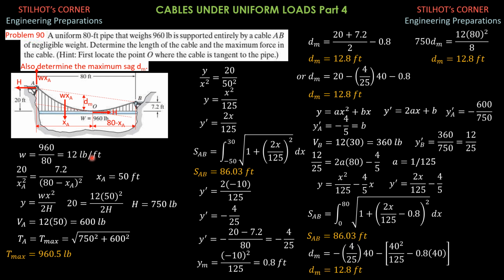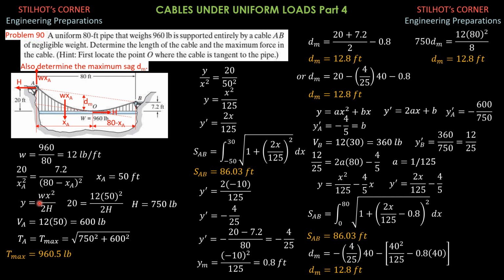Then by the square property of parabola, if O is the origin, then you have 20 as to xa square is equal to 7.2 as to this distance square. This distance is 80 feet minus xa, or this is xb. So quantity 80 minus xa square, solving for xa with your calculator, xa is 50 feet. So if xa is 50 feet, then xb is 80 minus 50, 30 feet.